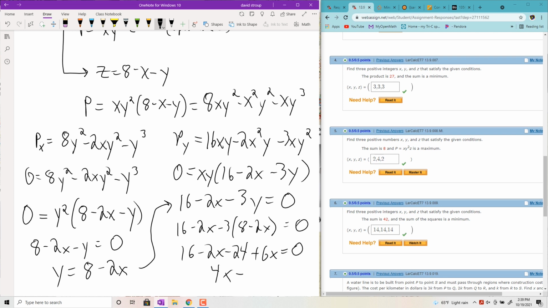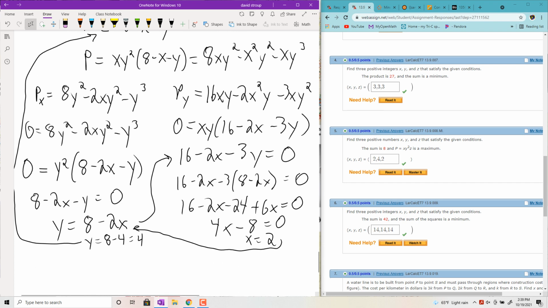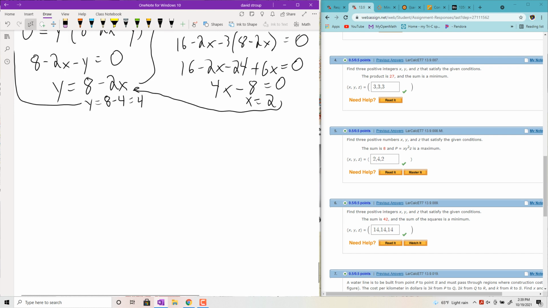Get 4x minus 8 is 0, so it looks like x is 2. And then back sub it for y, so y is 8 minus 4, which is 4. And then back sub again to get z. So z is 8 minus 2 minus 4, which is just 2. So 2, 4, 2 would be the point that maximizes that thing. 2, 4, 2.